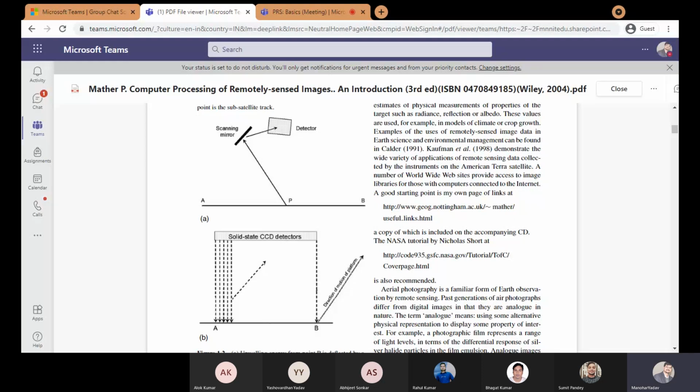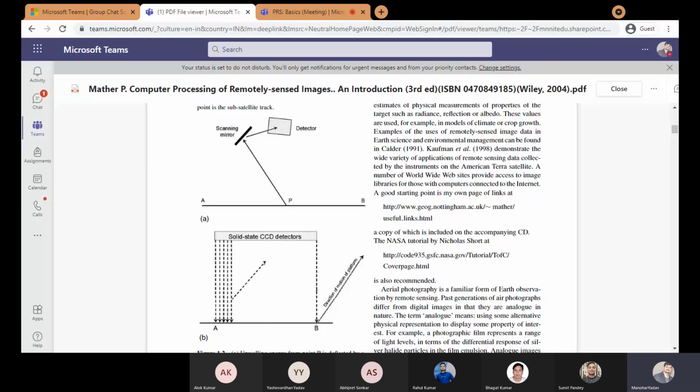So around this point P, a certain area is defined, and energy comes from the sun. As I discussed before, in the workflow the energy enters the Earth atmosphere, reaches point P, and is reflected back towards the detector over here.